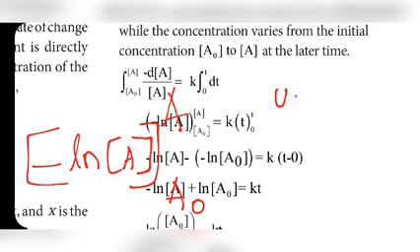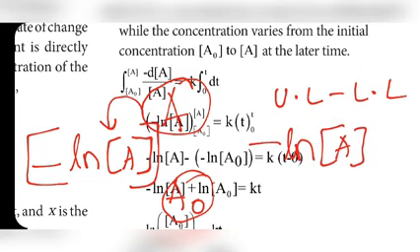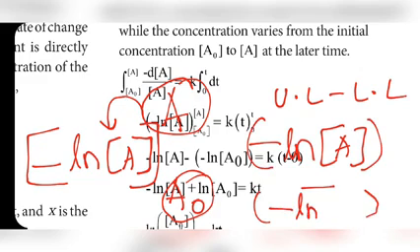Usually upper limit minus lower limit is applied. So this is called the upper limit and this is called the lower limit. First you have to substitute the upper limit into this formula. So minus log, upper limit is concentration of A, minus lower limit, minus log, lower limit is concentration of A0.